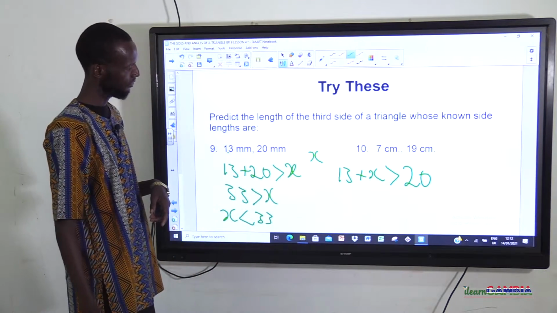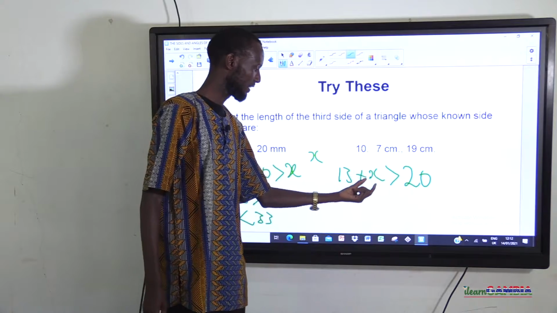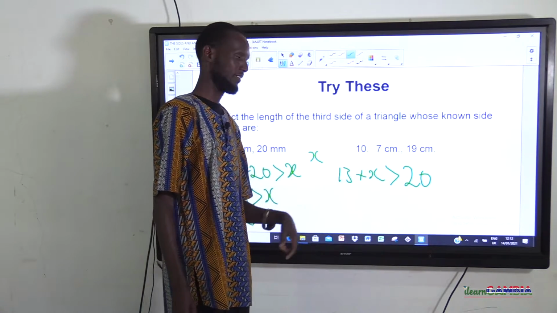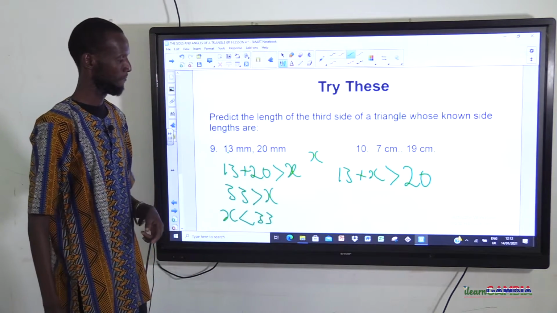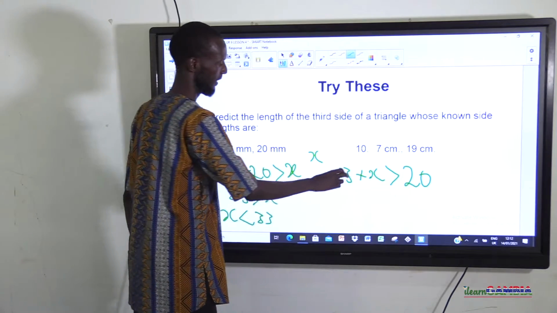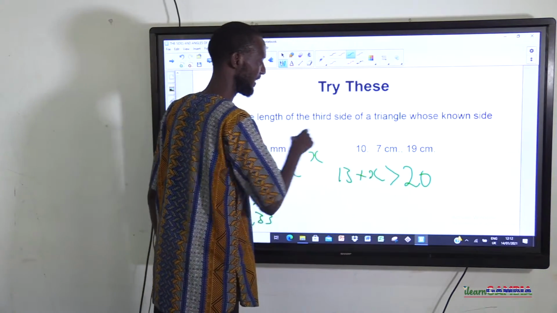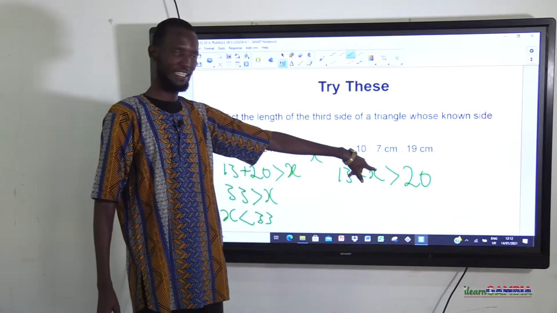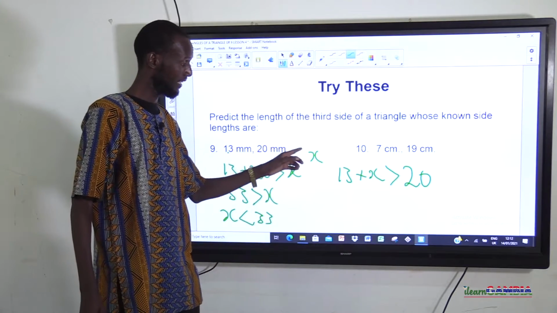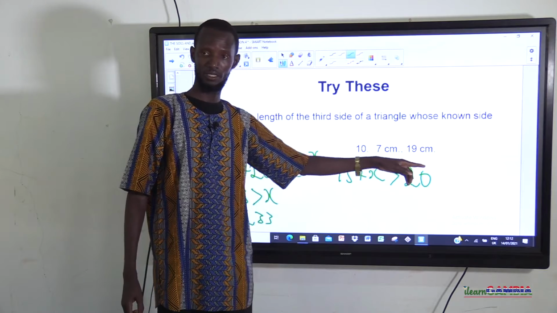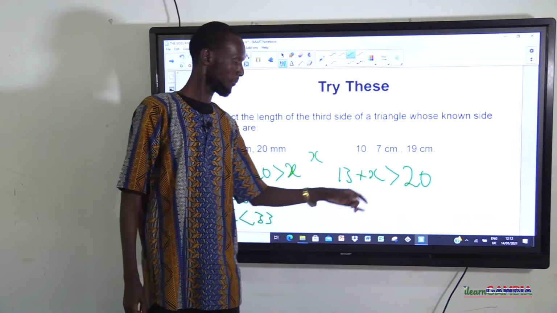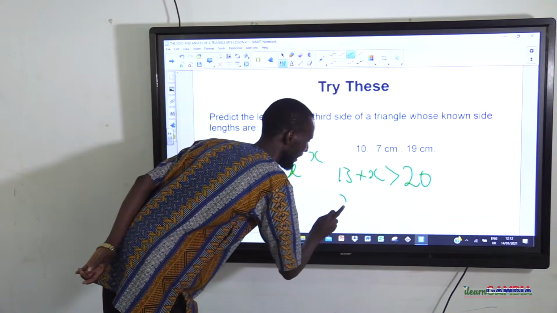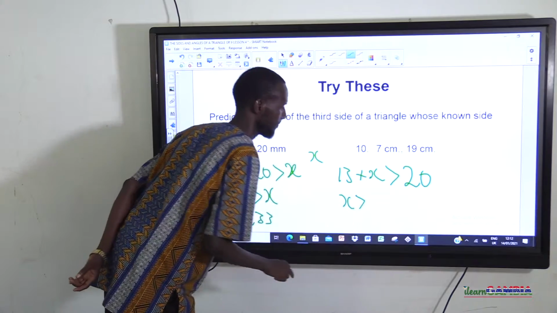If you put any number less than 8 here, you will not get a sum greater than 20. So from there, we know x has to be greater than 7.